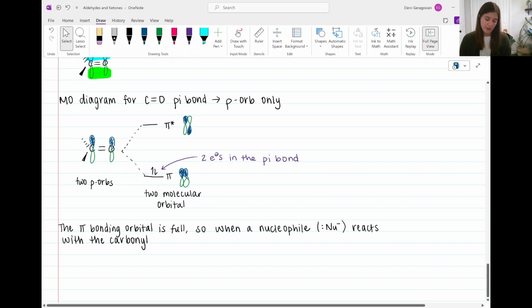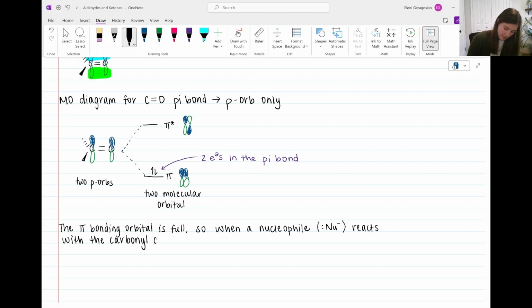So when a nucleophile reacts with the carbonyl carbon, thinking back to this MO diagram, it adds electrons to the pi star orbital. I'm going to do a dot, dot, dot right here. We'll finish the sentence after we draw the MO diagram after having added a nucleophile.